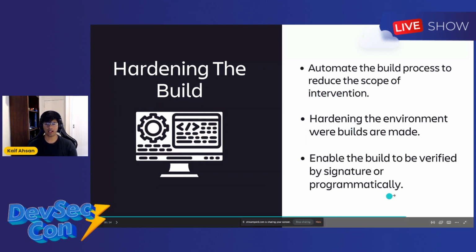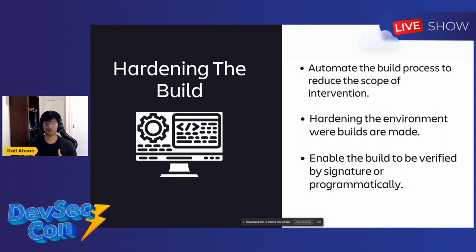If you follow the SLSA steps and the checklist, it gives you the ability to check your builds throughout that process. What I mean by that is, let's say you have made a build, you can then programmatically or manually check: is this the build that I was supposed to get? Did anyone manage to put in some malicious piece of code or any dependency or anything like that? That can also be achieved.